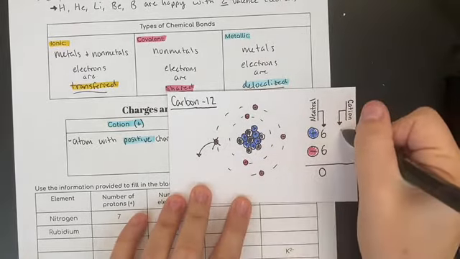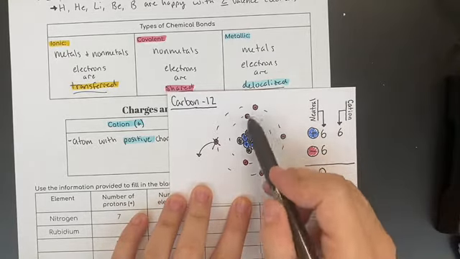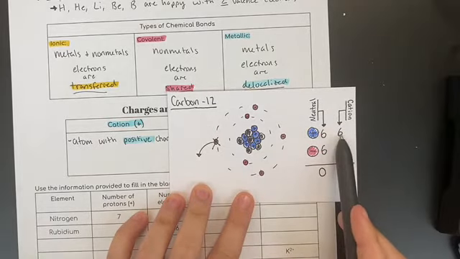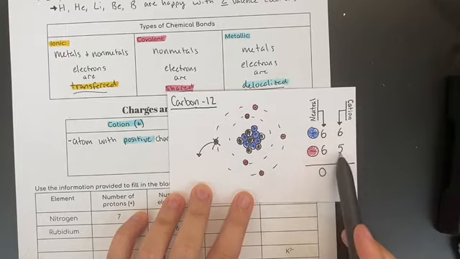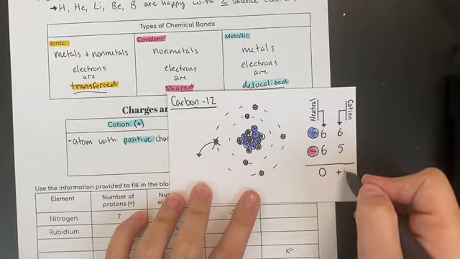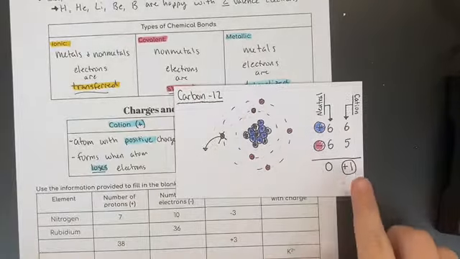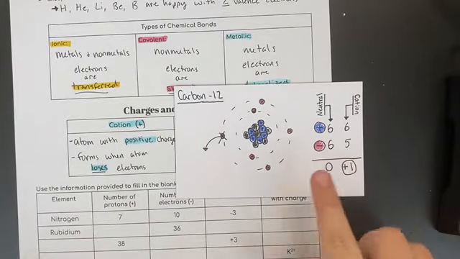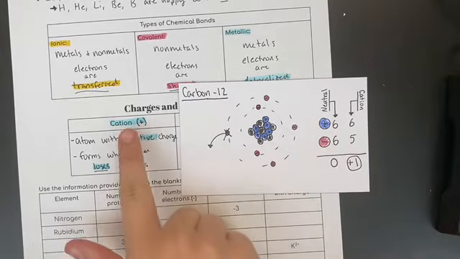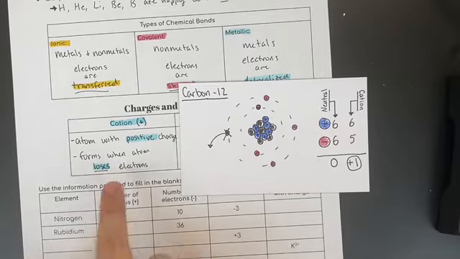Now we still have 6 protons, but we only have 1, 2, 3, 4, 5 electrons. If we have 6 positive things and 5 negative things, then our overall charge on the atom is going to be +1. Since this is a +1 charge, that makes this atom a cation. So what we can say is, to form a cation, the atom has to lose electrons.